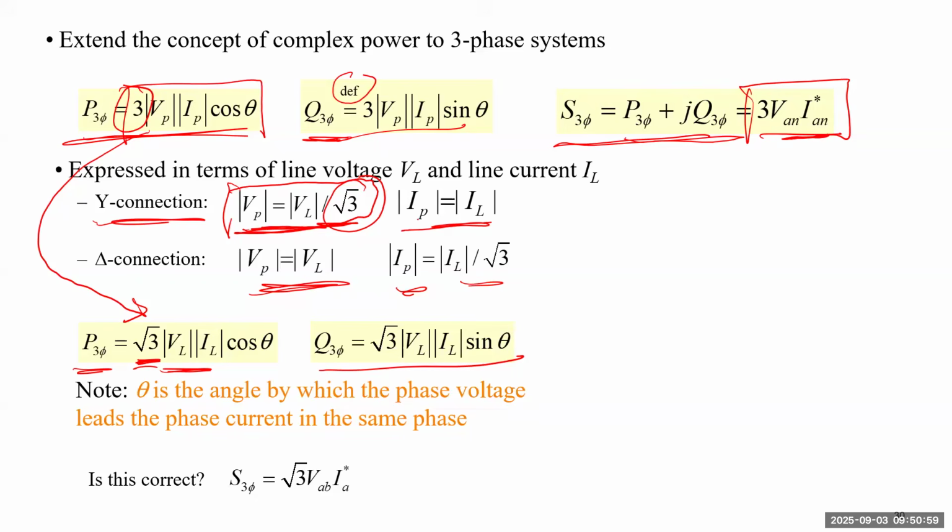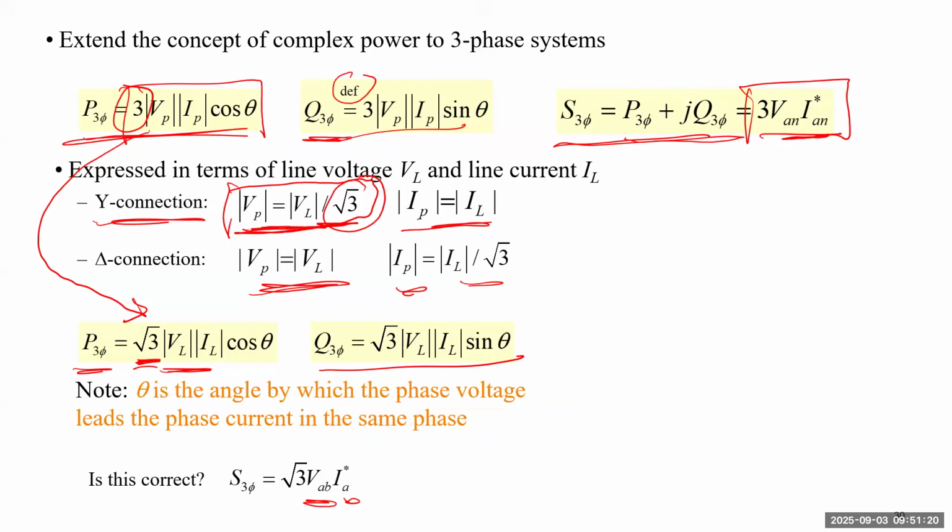Sometimes when you measure line-to-line voltage, you may be measuring the voltage between phase A and phase B. And when you measure the line current, you may pick line A to measure the current. You have the waveform, and from the waveform you can get the phasors. Some devices can directly give you the phasor, both magnitude and angle.